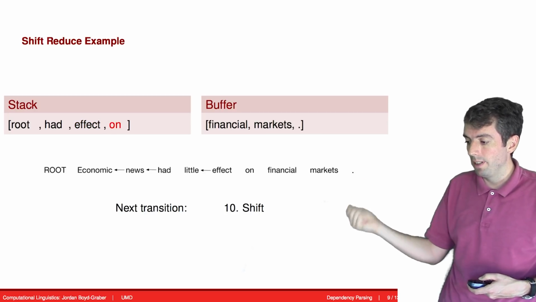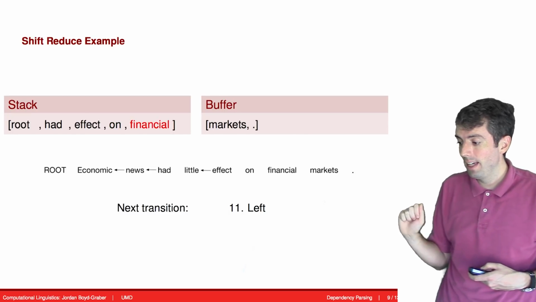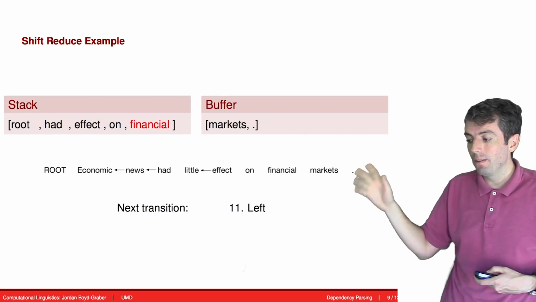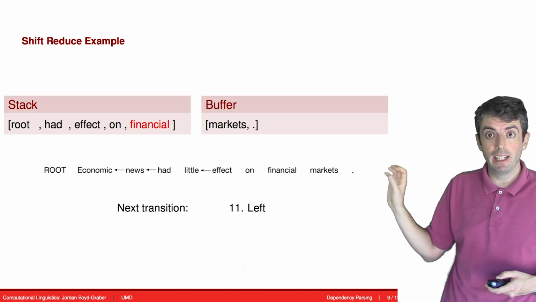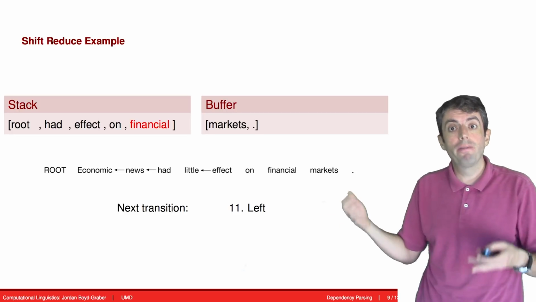We'll shift even further. And so now we can finally have a left edge. What kind of markets did this happen to? Financial markets.